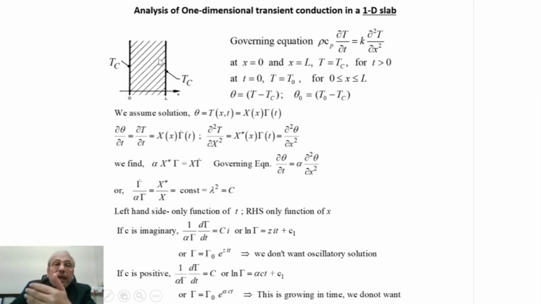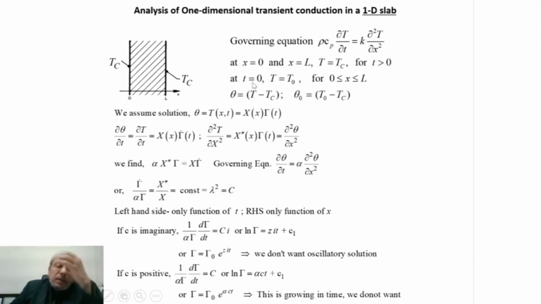That means after the time of interest, the temperature of these two side walls is Tc. But initially the temperature distribution is different. After getting cooled by the local ambience, its temperature will be Tc.